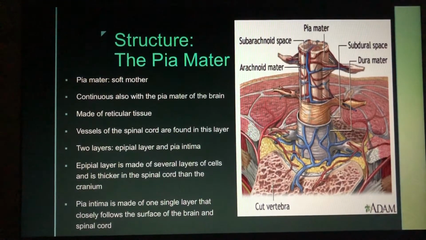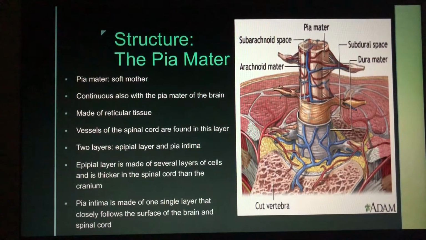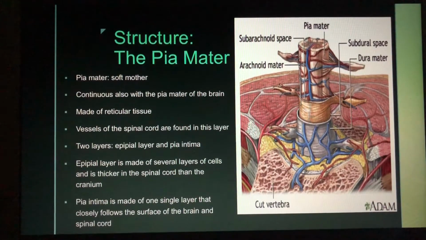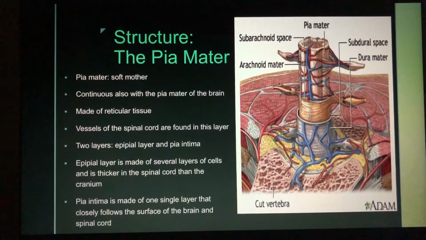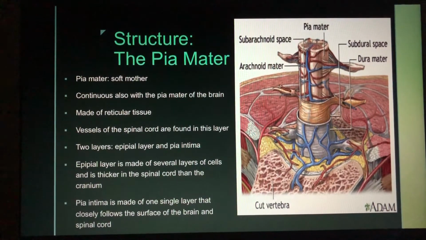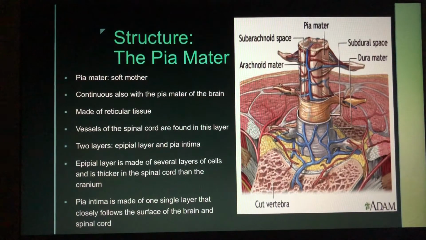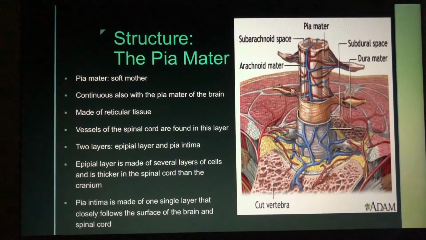It is comprised of collagen and reticular fibers. The reticular tissue is wrapped closely around the spinal cord and passes posteriorly into the anterior median fissure, where the vessels of the spinal cord are found. The outer layer has several layers of pia cells and is called the epipial layer.